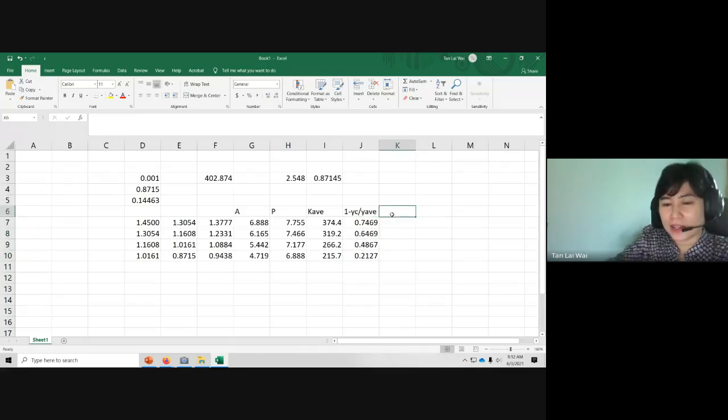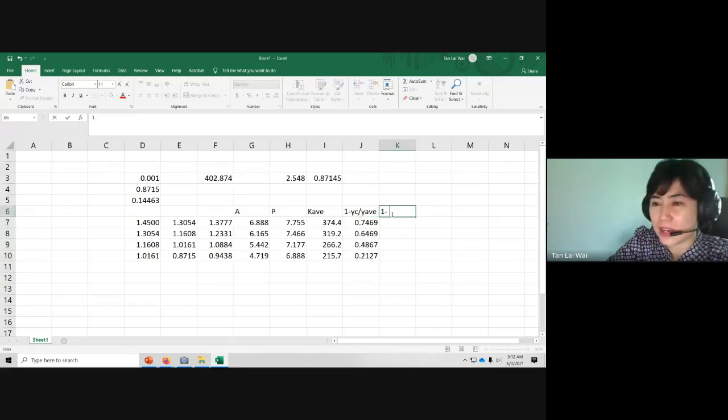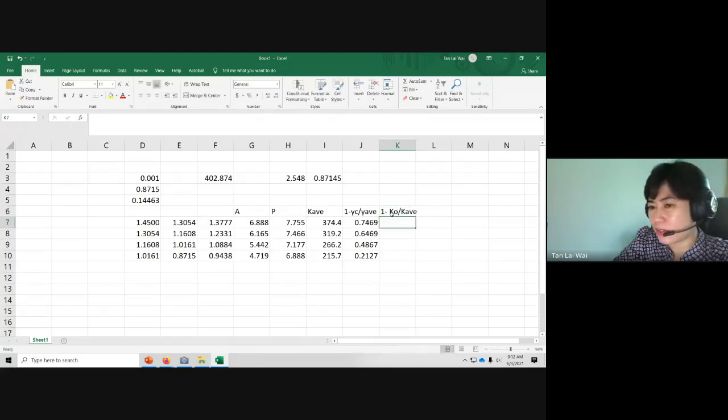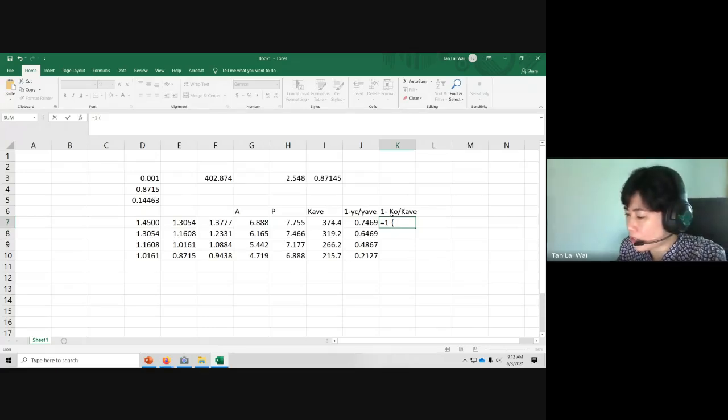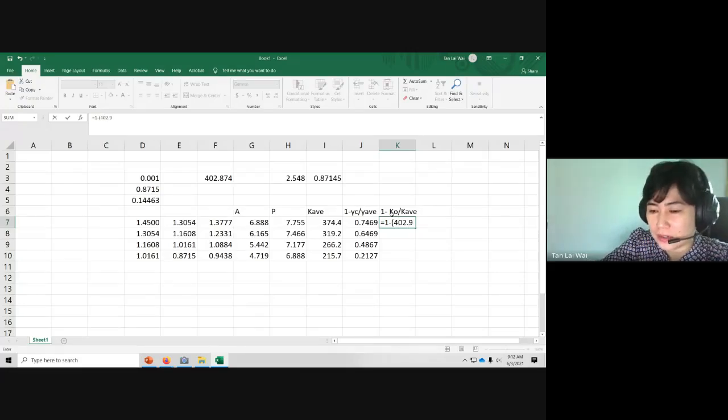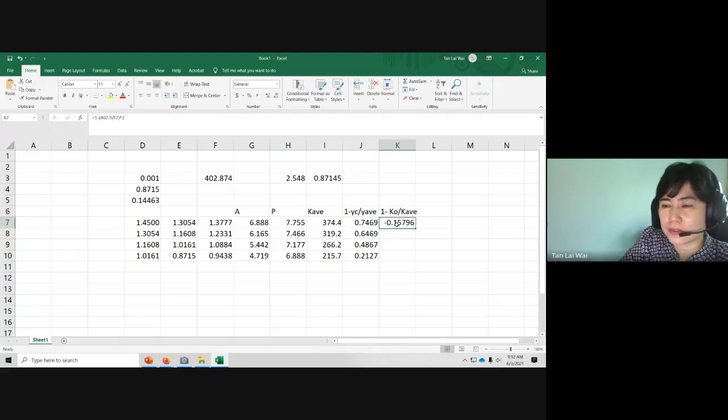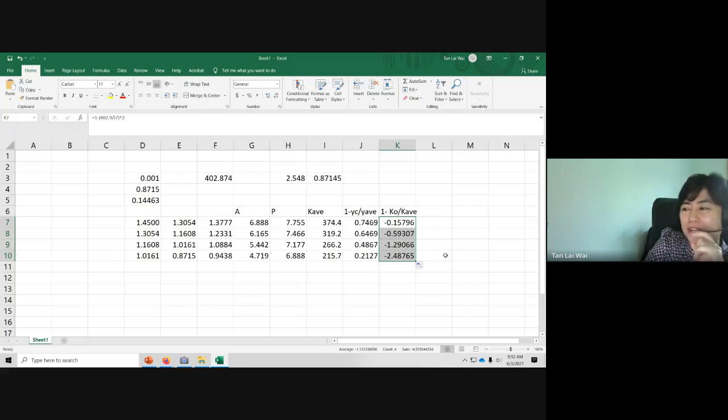Help me check. I have another one, which is 1 minus k naught divided by k average squared. k naught is 402.9 divided by k average squared. Don't worry about the negative. I told you, if you start from yc, if you start from yb, you probably won't get negative.